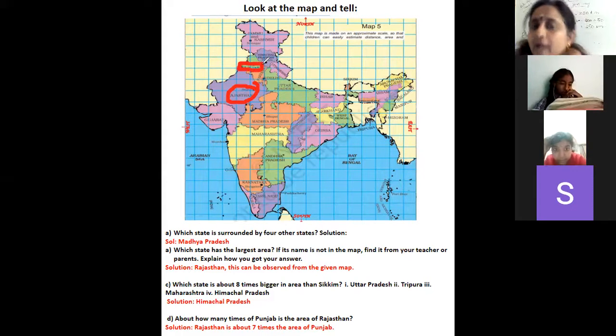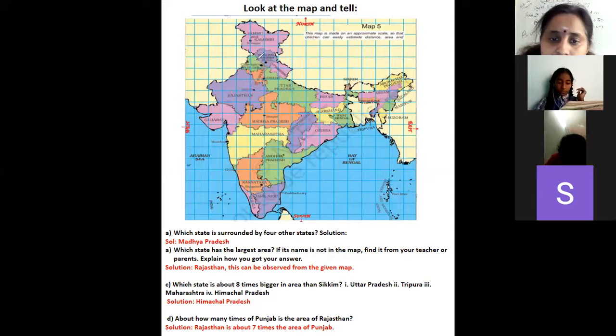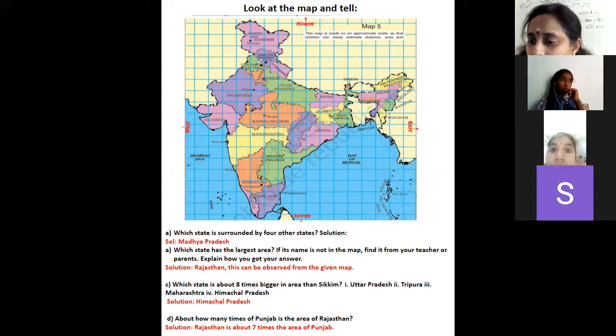Now, what we have to do is find out the area first. How will you find out the area? By counting squares. Punjab is 1 centimeter on the map.